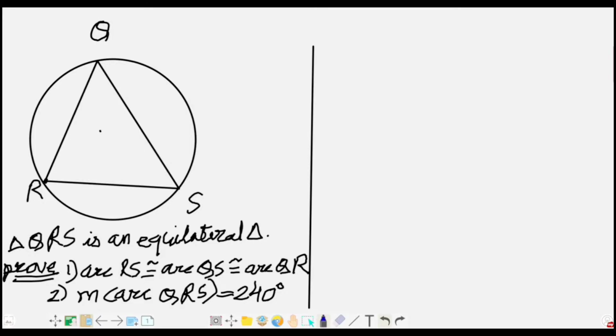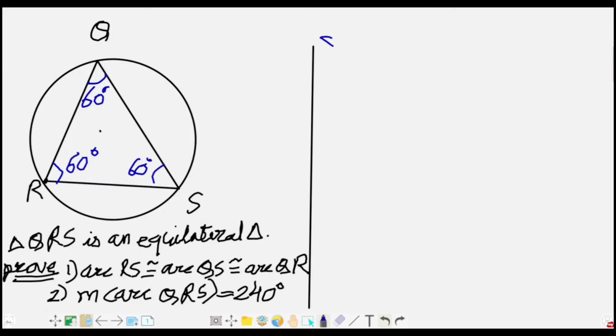Now all the 3 points Q, R, S are on the circle, so it's an inscribed equilateral triangle. Here we will utilize the concept that each angle of an equilateral triangle is 60 degrees. So this is also 60 degrees, and the same way this is also 60 degrees.